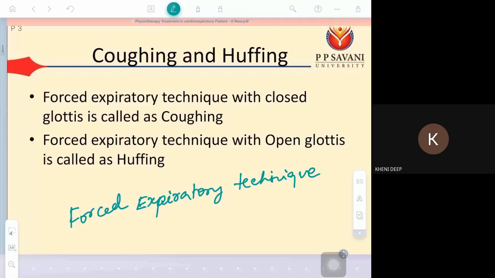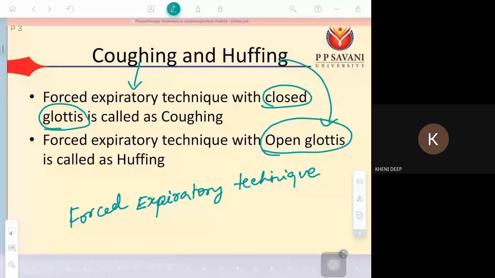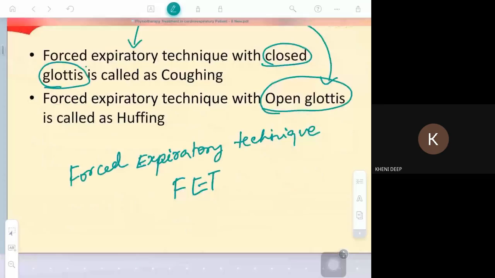If the glottis is closed, then it is called coughing, and if the glottis is open, then it is called huffing. Both techniques are called FET.